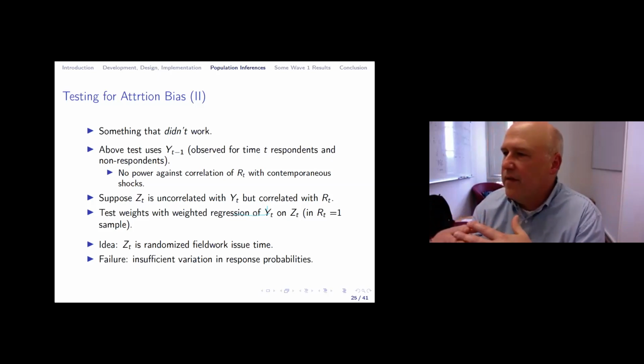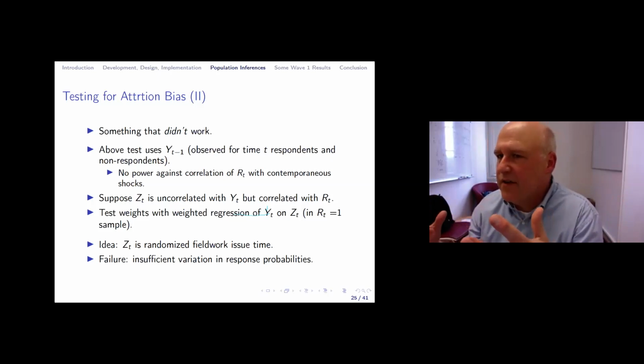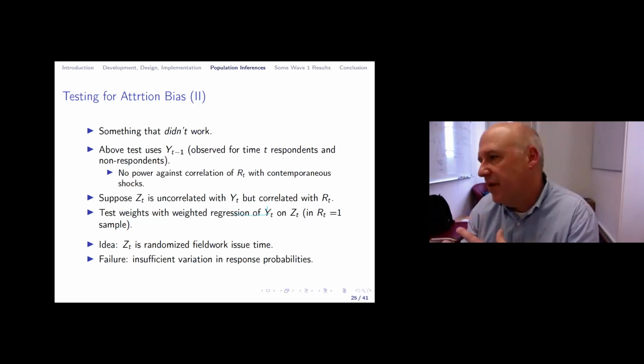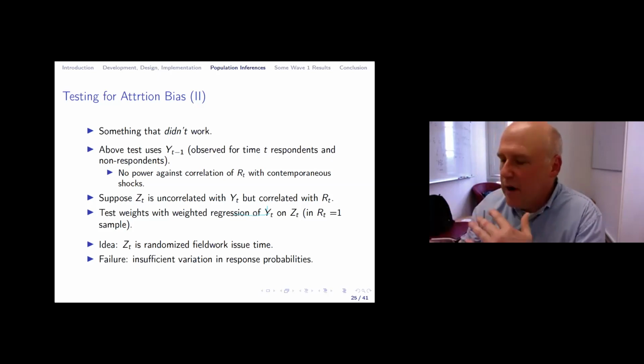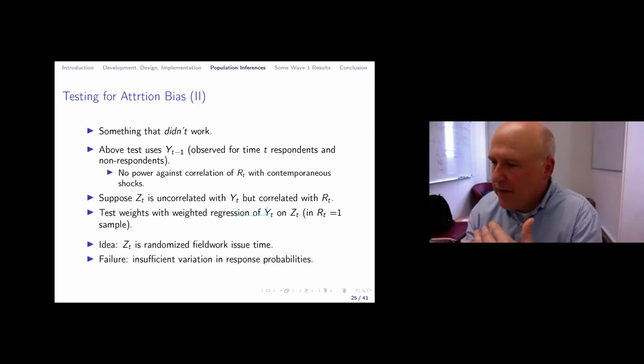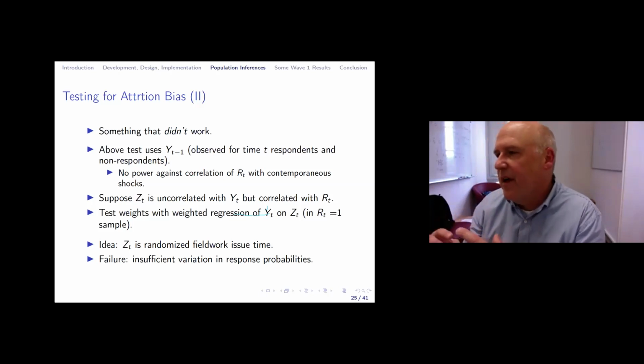If something like having a long-run health condition didn't matter very much for response probabilities in the past but matters a lot now, we can pick that up. Your willingness to work with the web didn't matter very much in the past because we had a face-to-face option. Here we don't. So there are lots of reasons why the response process would be different, some to do with the nature of the survey, some to do with the nature of the times, and the models are completely unrestricted in that sense. That's the good news.